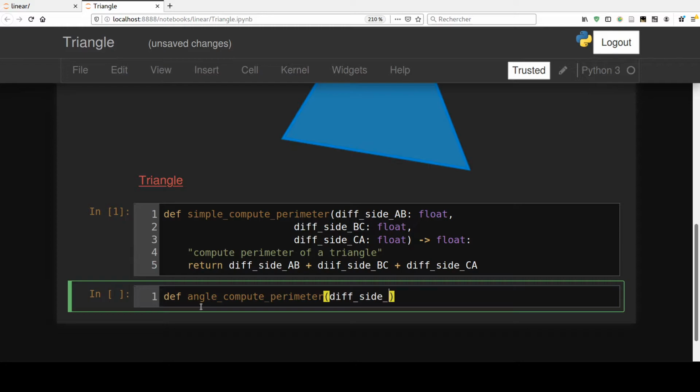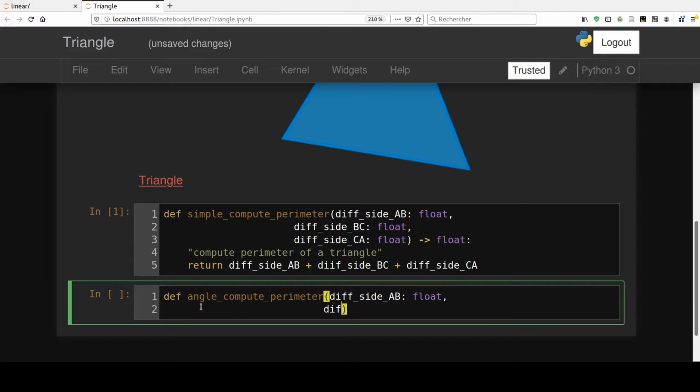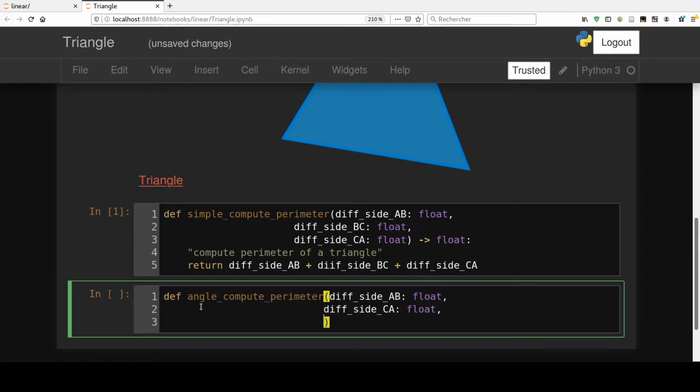It's diff side AB, again a float, diff side CA, again a float, and theta, which is going to be a float as well. It's going to give me a float as a response.